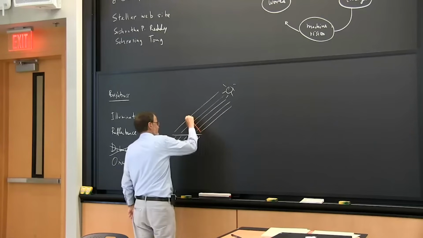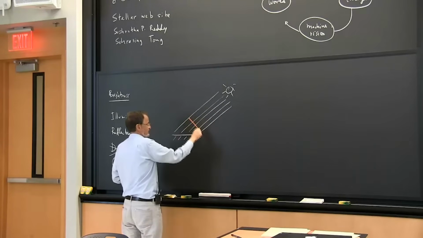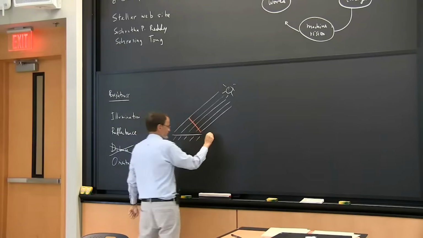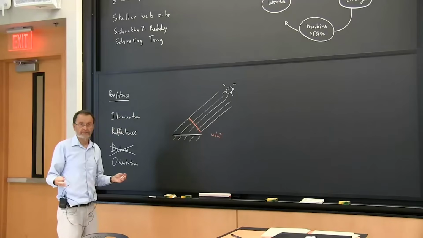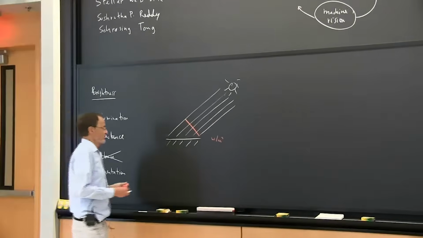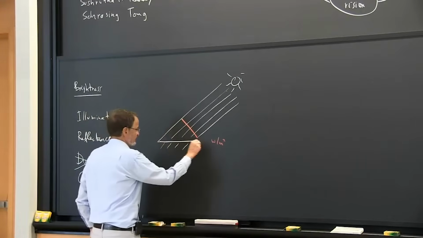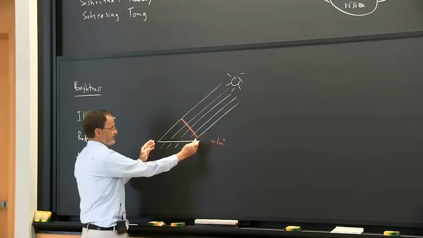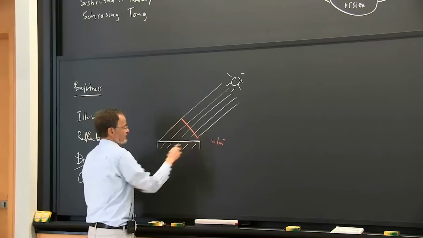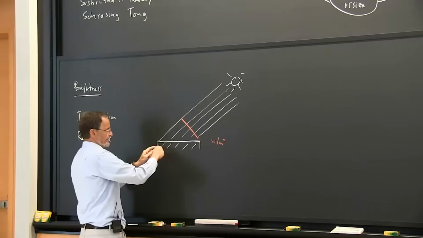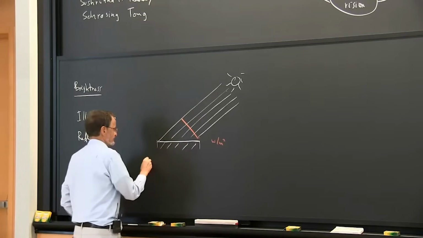So I can measure the power in this plane, so many watts per square meter, which in the case of the sun is about 1 kilowatt per square meter. But obviously that same energy is spread out over a larger area, right? This length is bigger than that length. And so the illumination of this surface is less.